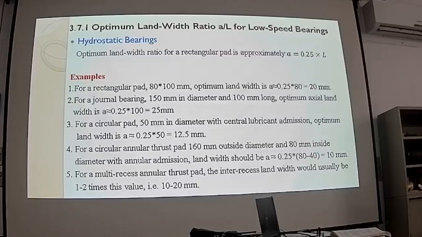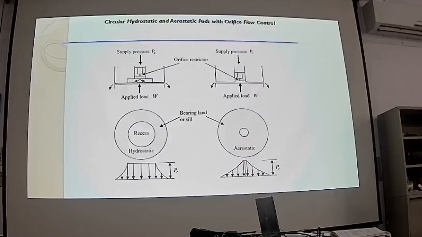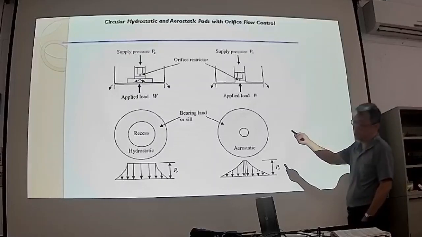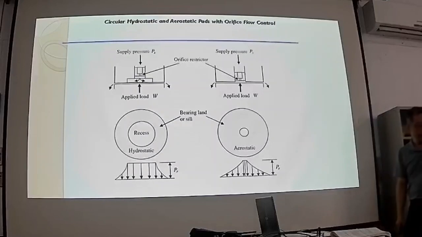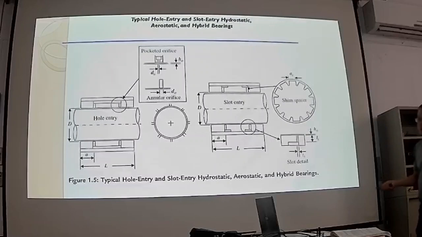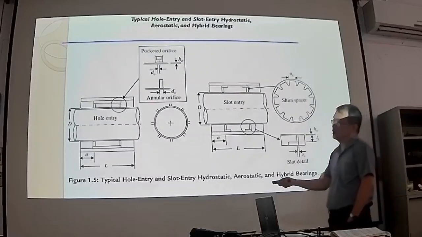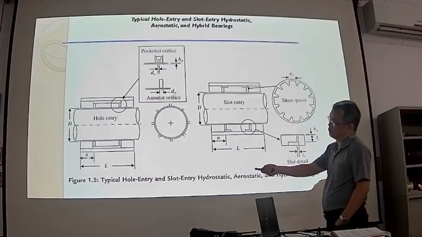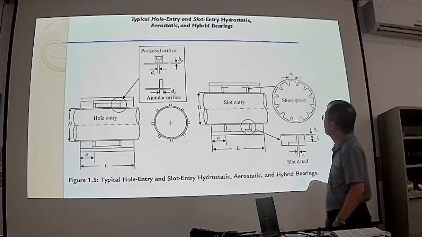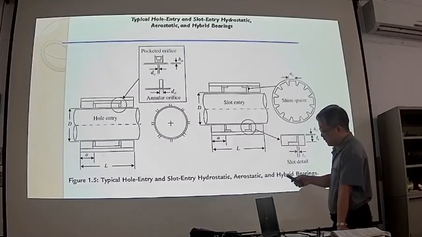In this case, the arrow is the diameter of the bearing head, and for the journal bearing, this is the length width. This is the total length for the design.